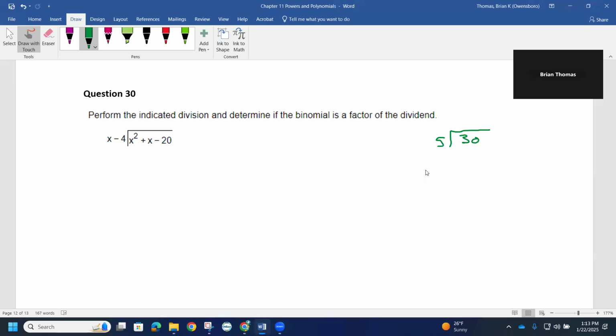Now, one way of doing it is actually count out 30 things. 1, 2, 3, and so on up to 30. So I have 30 things and I want to group them by fives.